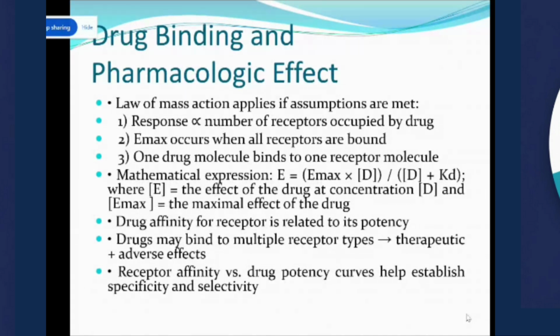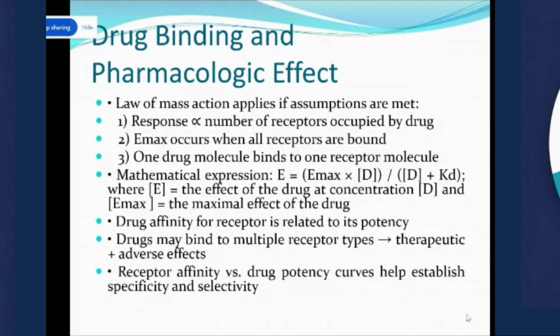Drug affinity for receptor is related to its potency. Drug may bind to multiple receptor types, which is the therapeutic plus adverse effects. Receptor affinity versus drug potency curves help to establish specificity and selectivity. Okay, these again are general statements, but key are the first 3 points. Response is directly related to the number of receptors occupied by the drug.